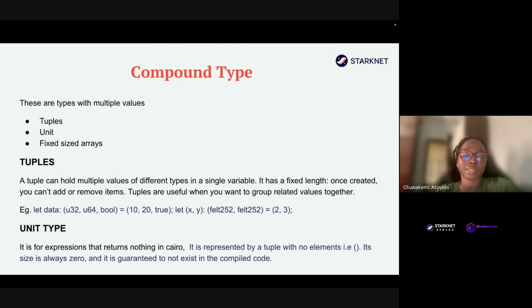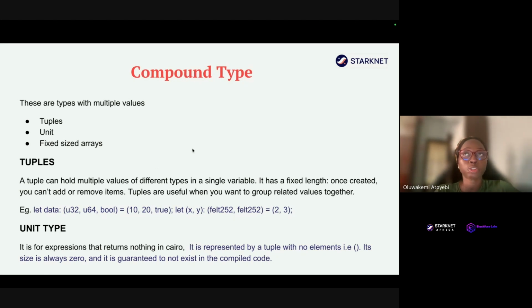It usually has a fixed length. Once created, you cannot add or remove any items from it. It's also useful for when you want to group related values together. We'll be talking more on that when we get to the array.